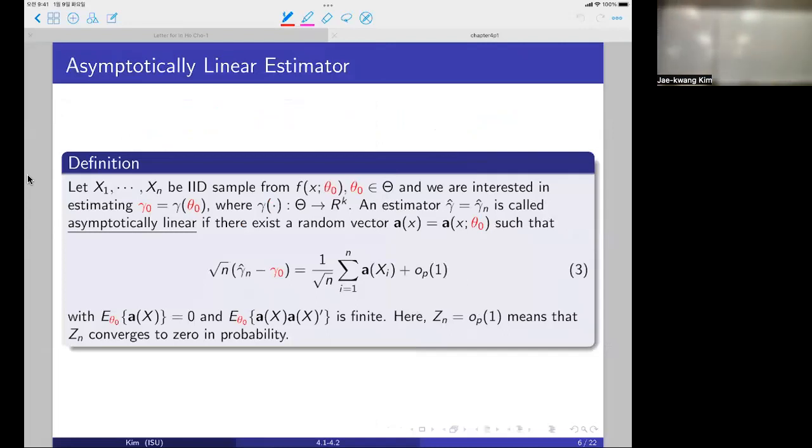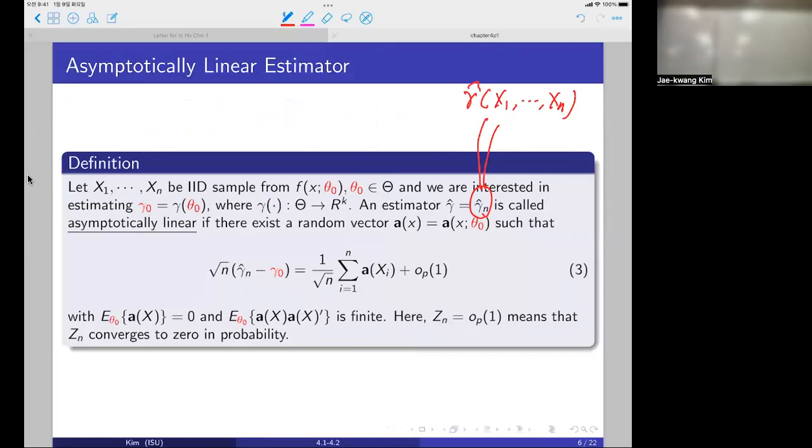This looks very complicated, but the bottom line is, suppose I have an estimator which is a function of x1 to xn, and I want to establish the central limit theorem.